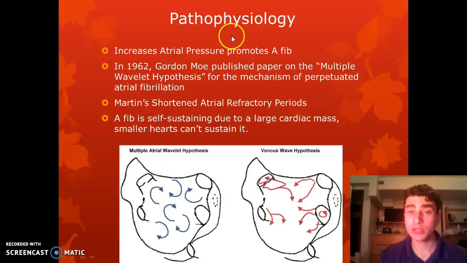We do take a look at Gordon Moe's work in 1962, who wrote this paper on the multiple wavelet hypothesis, where he's basically trying to identify what it is that's perpetuating the atrial fibrillation. And you can see down here that these waves of conduction pathway are seemingly random, coming from both the atria and the ventricles.